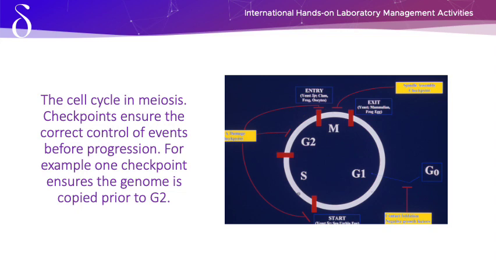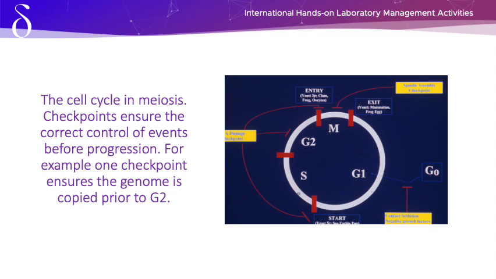When we talk about meiotic resumption, that's the whole point of fertilization. We are talking, of course, about the cell cycle, which is very similar in meiosis and mitosis. Meiosis is a little different. For example, there's no checkpoint in certain areas because of the double duplication of the genome.